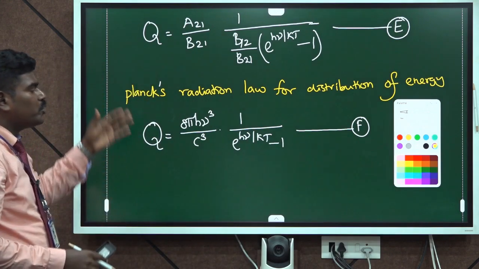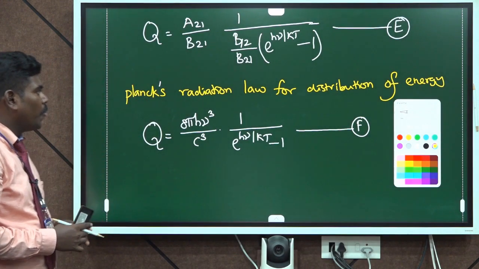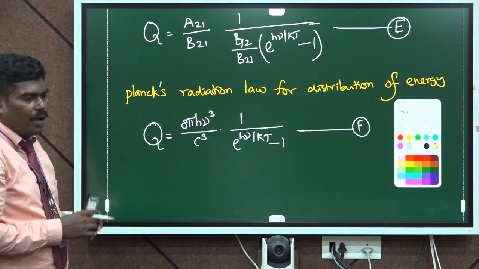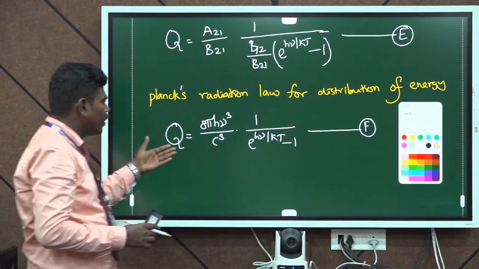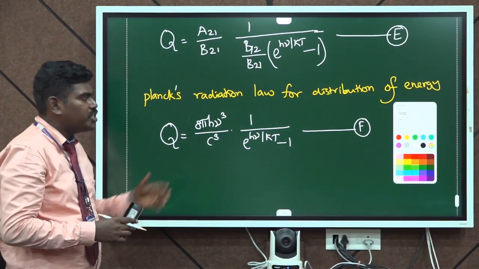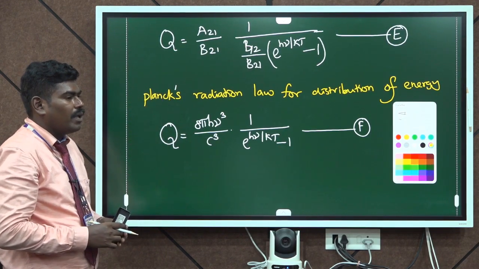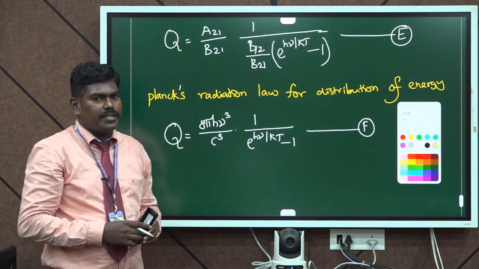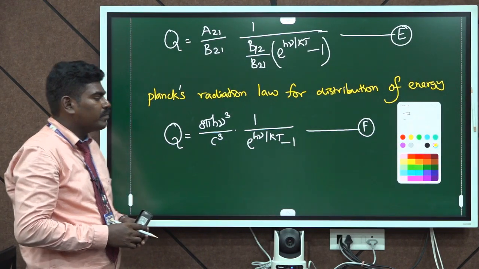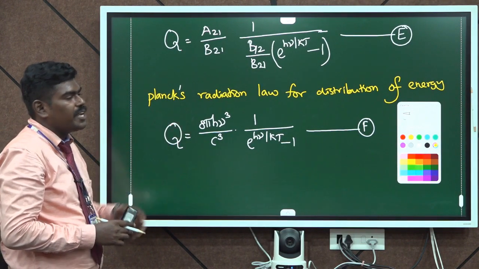Now we have arrived at two different equations. One is from the Einstein equation, another one is Planck's radiation law for distribution of energy. The Einstein equation, the stimulated absorption and the stimulated emission, obeys Planck's radiation law.